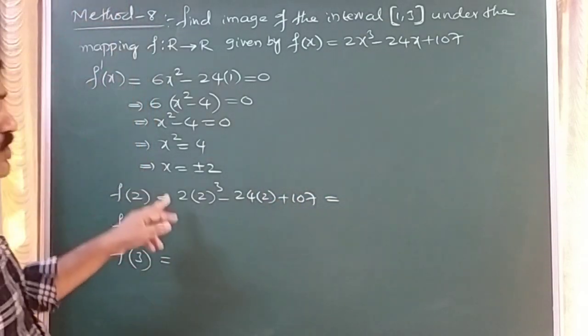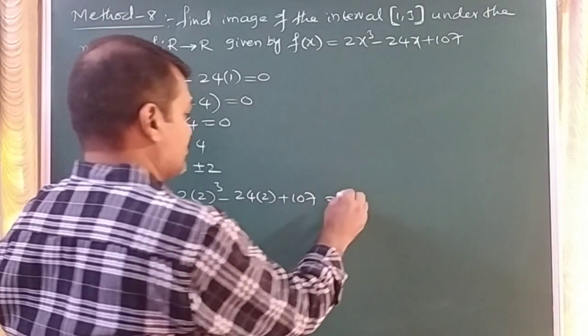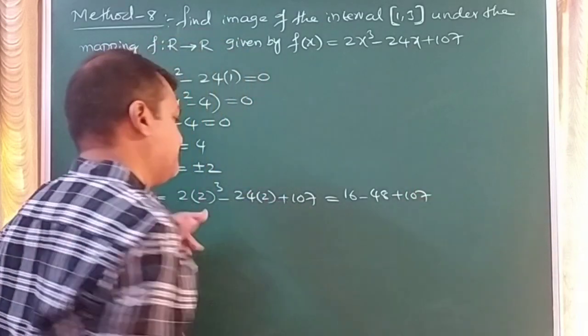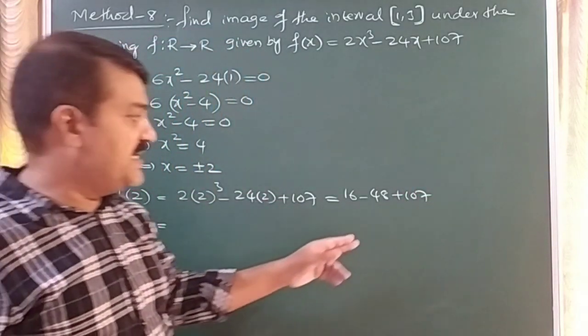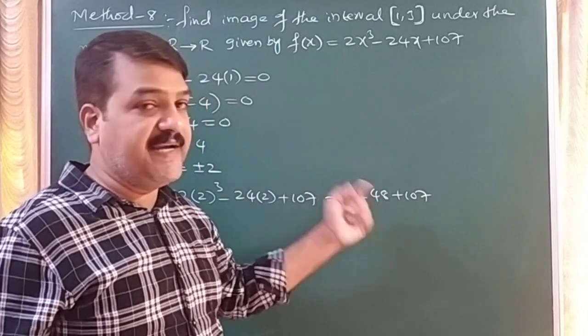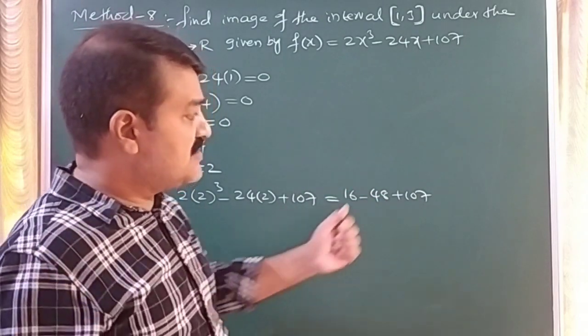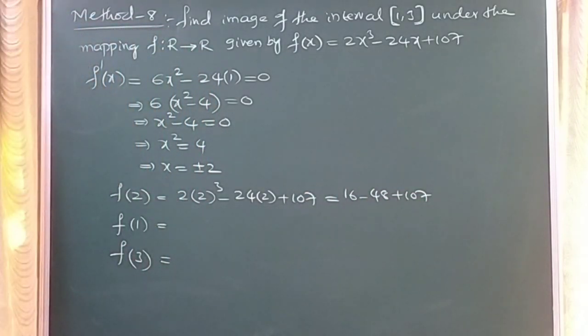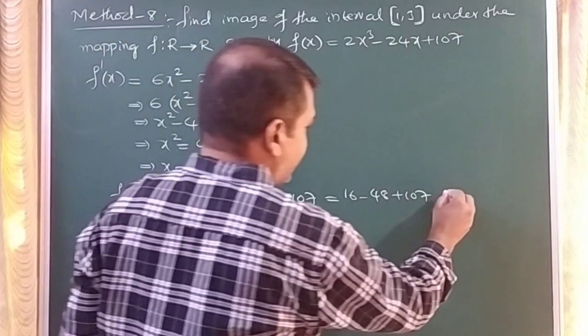So this will be 2 into 8 is 16 minus 48 plus 107. So when you simplify, 16 minus 48 means minus 32. 107 minus 32, that becomes 75.